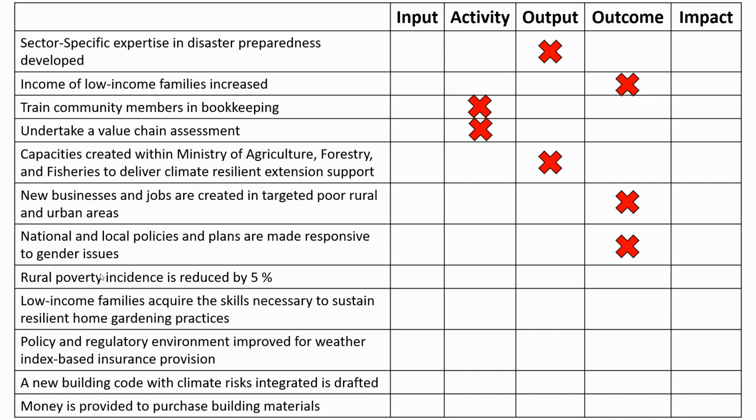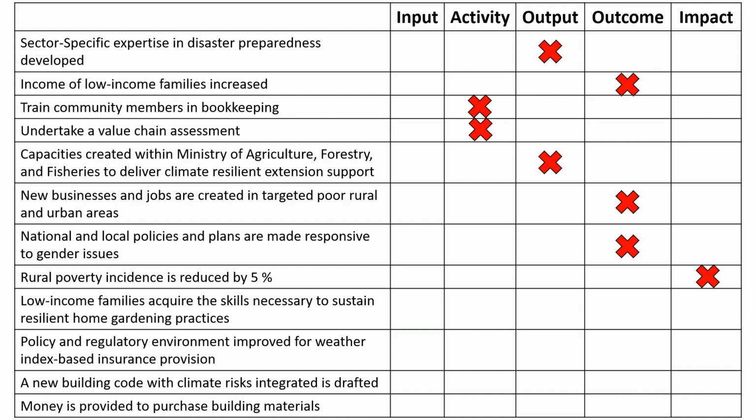Rural poverty incidences reduced by 5%. So a 5% reduction in rural poverty. That's definitely not an input. It's not an activity. It's not an output. This is a big picture thing. The only question is whether that's an outcome or an impact. And for me, I will say that this is an impact because this is a strategic development goal.